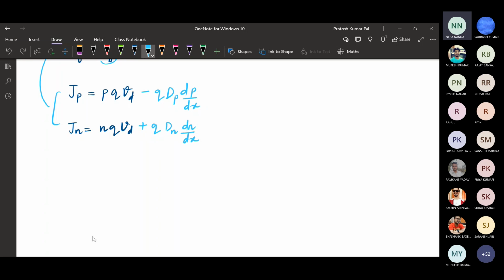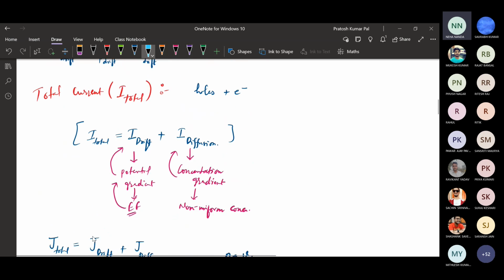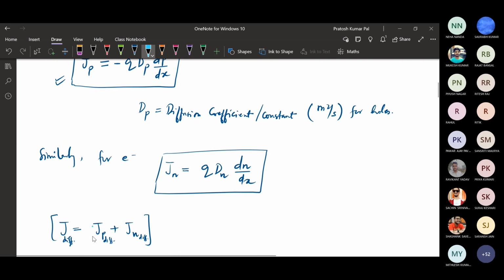And suppose we want to find out the current basically. So here in case of diffusion, if we know the Jn value, that is q Dn dn by dx, and we want to find out the current In, then In will be Jn, which is the current per unit area, multiplied by area.